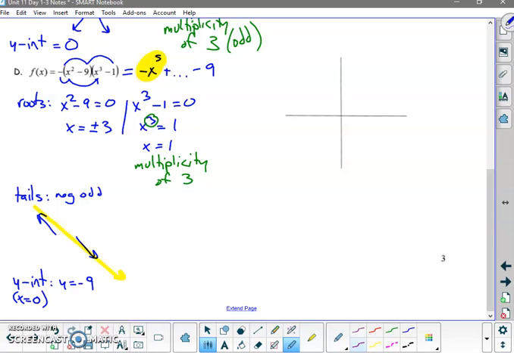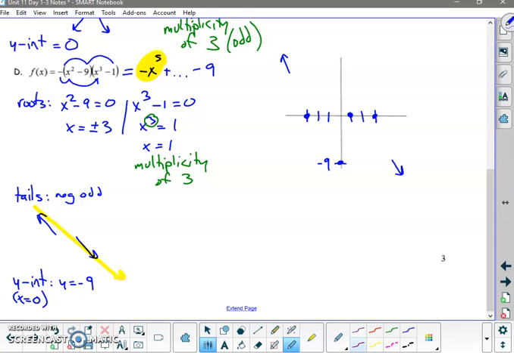Okay, so let's put this information on the graph. I've got plus or minus 3. I've got 1, so those are my three roots, plus or minus 3 and 1. My y-intercept is a negative 9. And I know my tails do this.